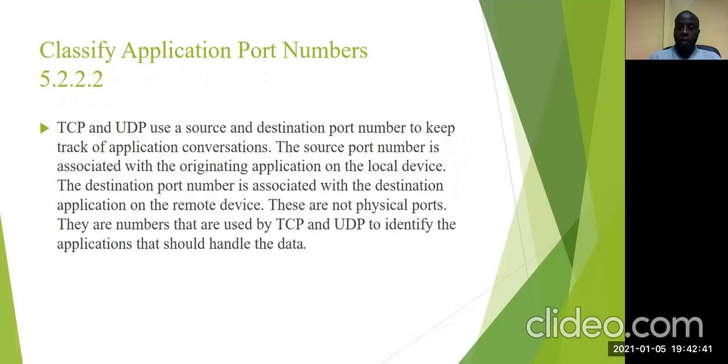These are not physical ports; they are numbers used by TCP to identify the application. For example, HTTP has port 80, Telnet is port 23, and SSH is port 22. These are well-known ports in networking.